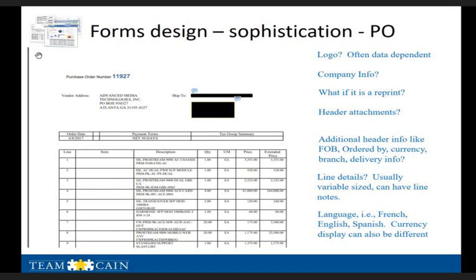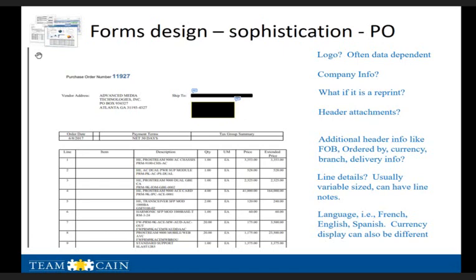In this specific case, they were missing a bunch of information such as the FOB point, the ordered by, the currency, and delivery information. Line details: one of the things that JD Edwards is famous for is having an awful lot of data that could show up in a detail line. Very much with purchase orders, same thing with sales orders. So having a variable sized line is typically very important.